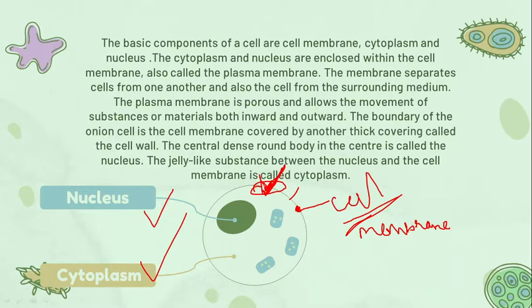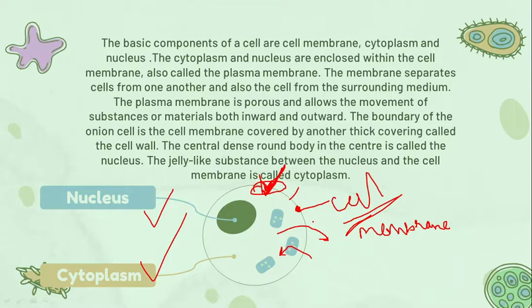It separates one cell from another, and also the cell from the surrounding medium. The plasma membrane is porous and allows the movement of substances both inward and outward. It allows what needs to come in and what needs to go out.